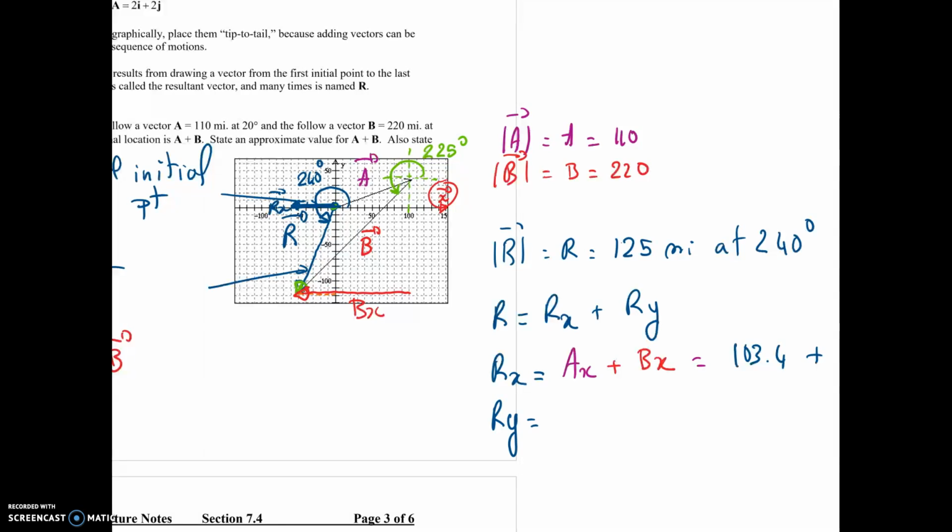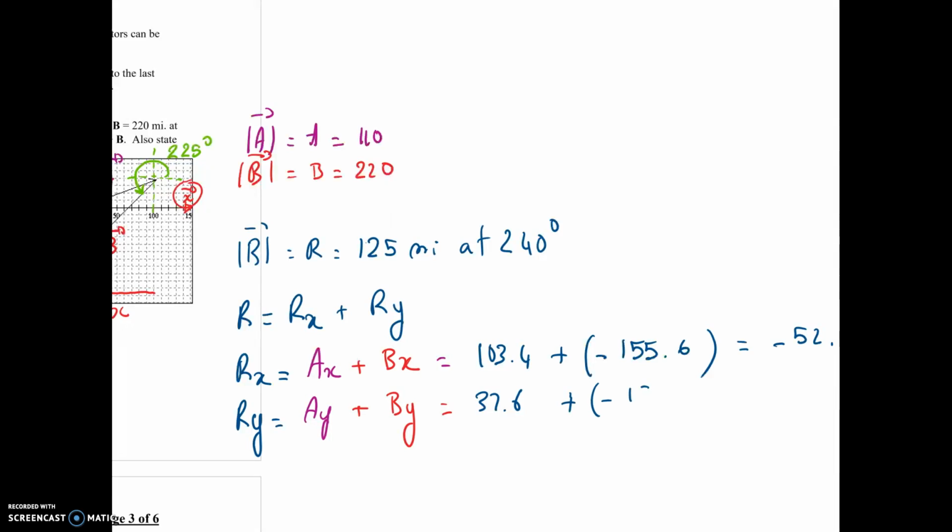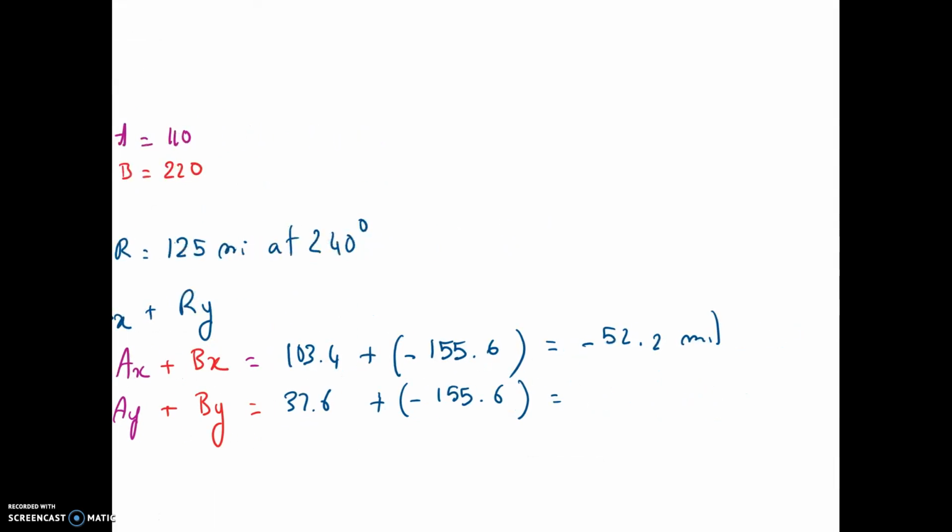So Ry equal to Ay plus By, and we end up with 37.6 plus negative 155.6 miles, since By equals Bx, and so we end up with a value of Ry equal to negative 118.0 miles.